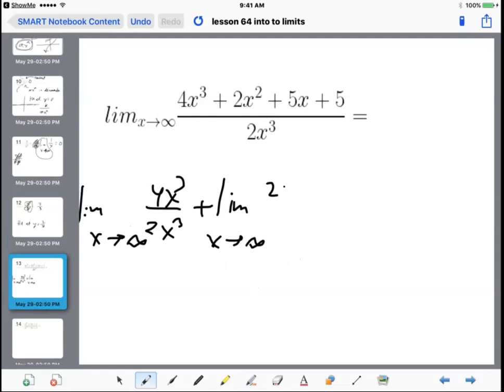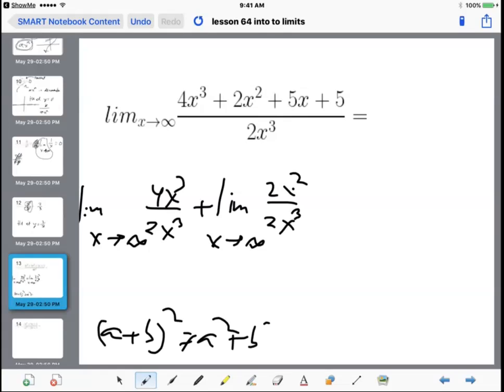This actually isn't always true in all types of math: (a plus b) squared is not the same thing as a squared plus b squared. So you can't always just split stuff up and do stuff to the pieces, but with limits, you can.